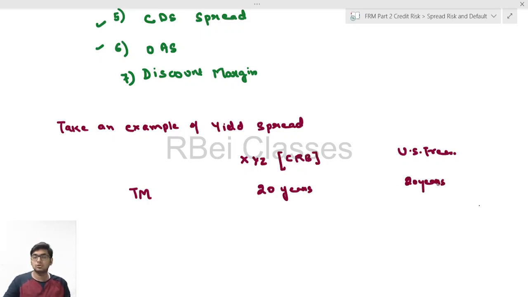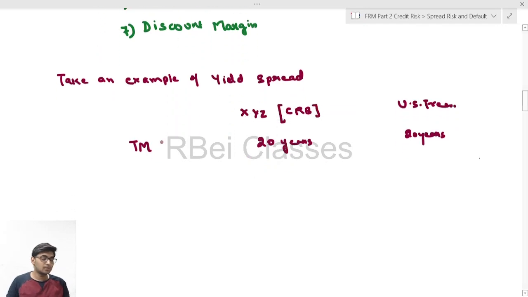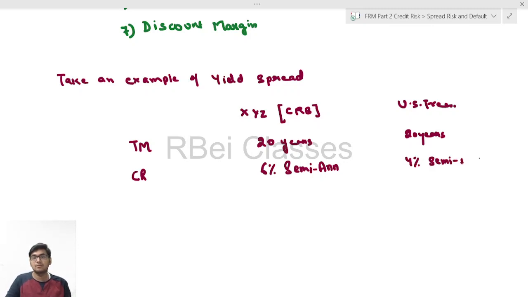Time to maturity both 20 years. Then coupon rate: 6% semi-annual, and this one 4% semi-annual. YTM is given to you. Suppose YTM is not given, but they have given you the price; you can calculate the YTM. But in our case YTM is given to you: 7.25% and 4%.